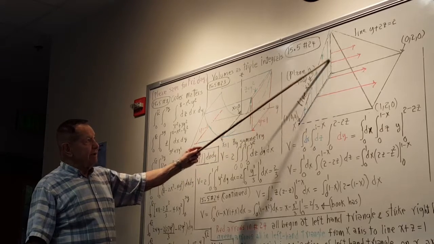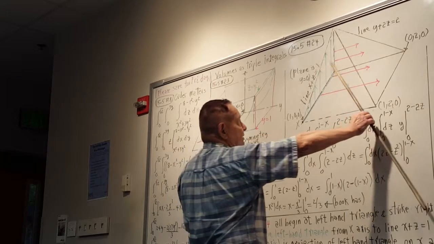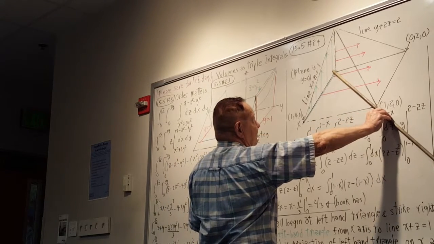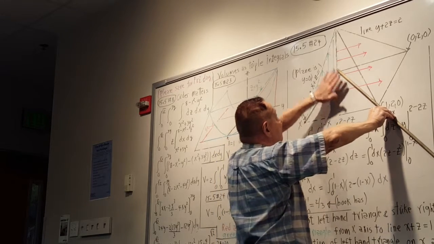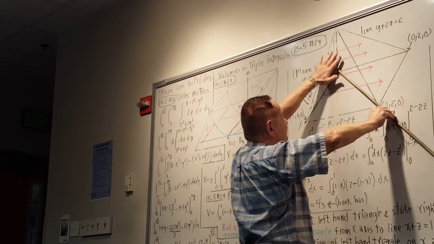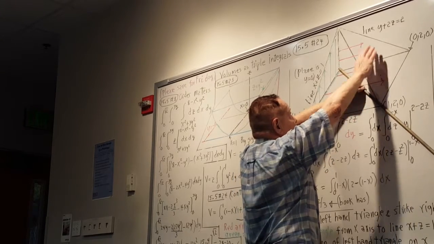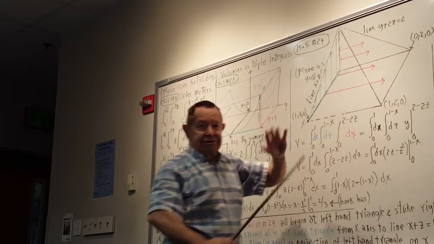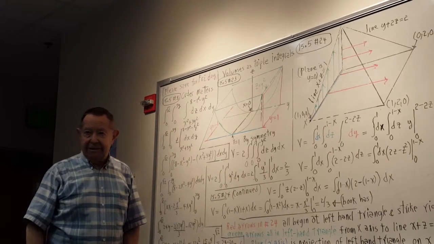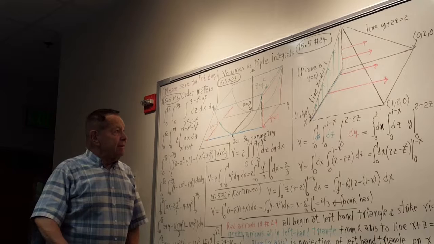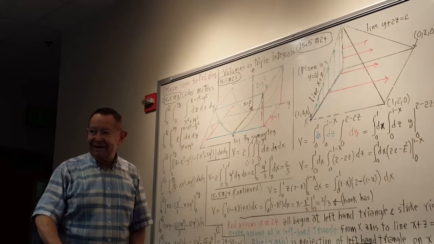Because over in here, if you put a stick down here on the floor, the Z's would all go from the floor to this slanting face, and over here, they'd all go from the floor to this one. So you'd have to do it as two pieces. And I'm sure it could be done, but I'm also sure it's harder.